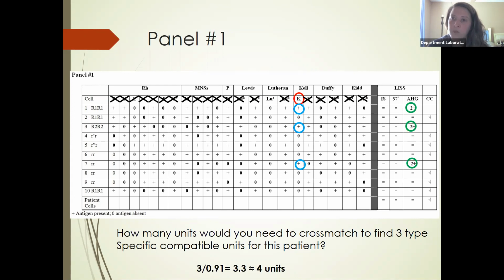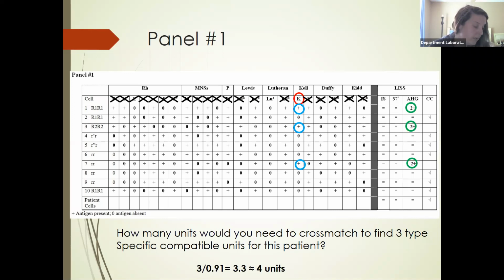The only reason for that is because they have been recently transfused. Those donor cells could potentially still be in their circulation, and your phenotype result would not be an adequate representation of your patient cells. So anytime your patient has been transfused within the last 3 months, we are unable to do phenotype testing on the patient with our serological testing.